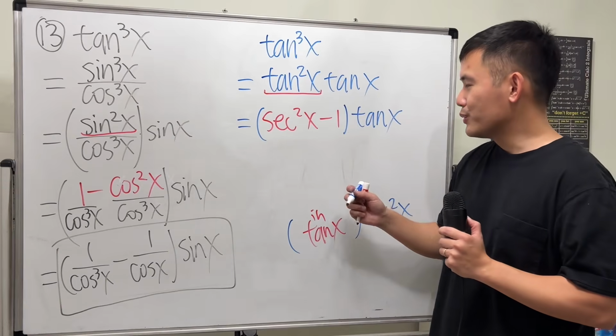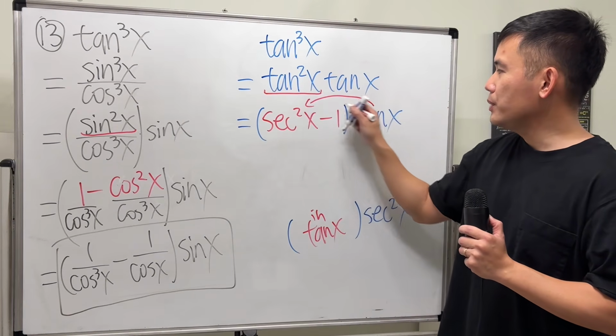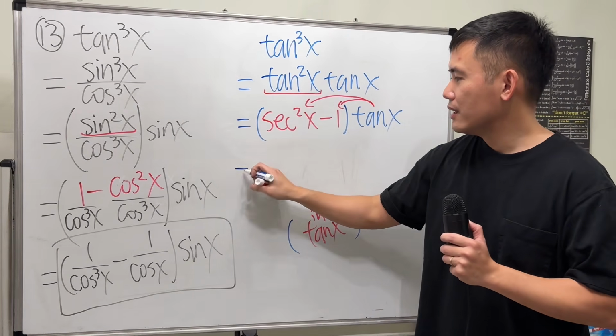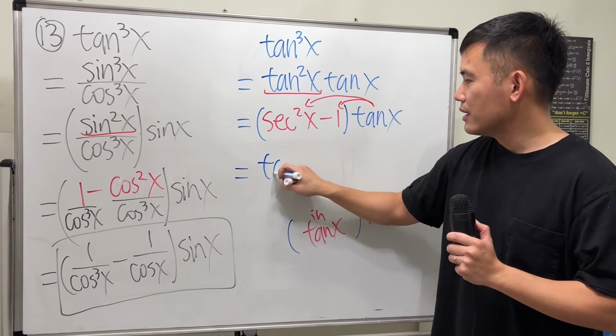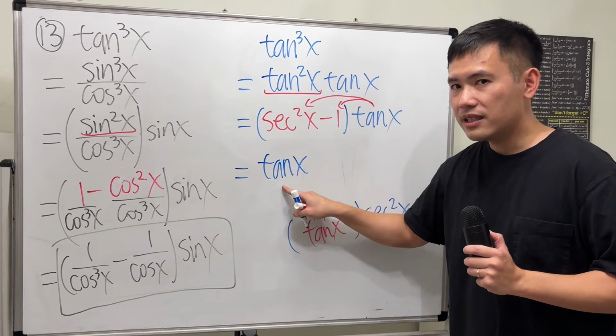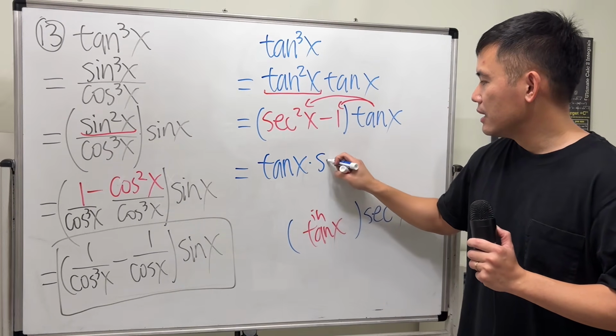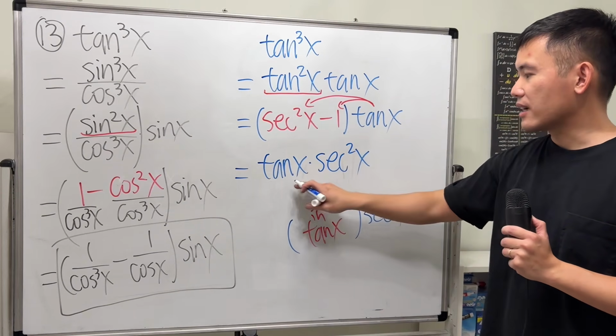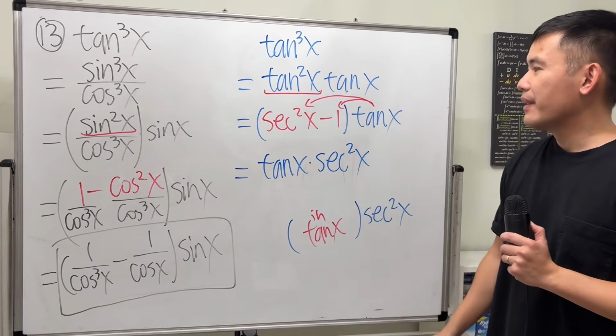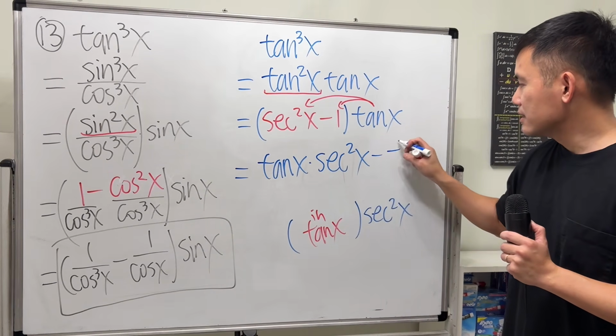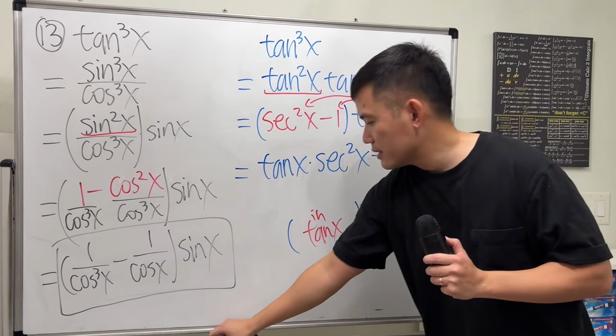So what we want to do right here is, we will have to distribute the tangent x. Let me put this down right here. This is precisely tangent x times secant square x. And that's exactly what we have right here. And then this times that is minus tangent x.